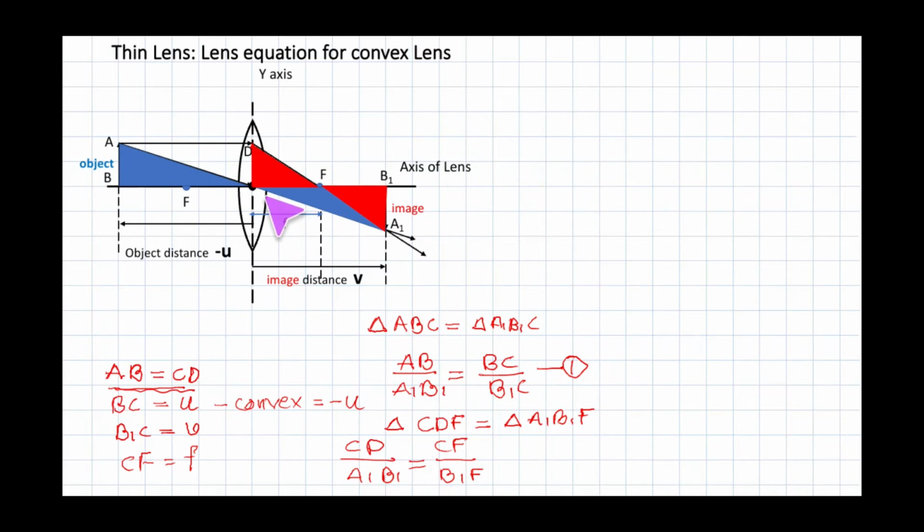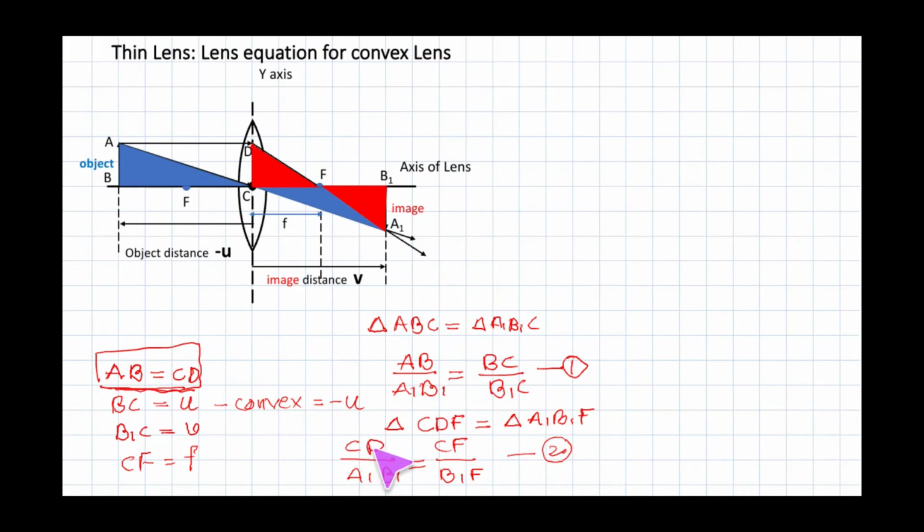Now note that the distance from C to B1 is actually image distance v. We have to see the relation between u, v and f. So here we got distance BC is equal to u, distance CB1 is equal to v, and here C to capital F is the focal length f. So here we got this CD upon CF. So this is equation 2. But from the figure we know that AB is equal to CD.